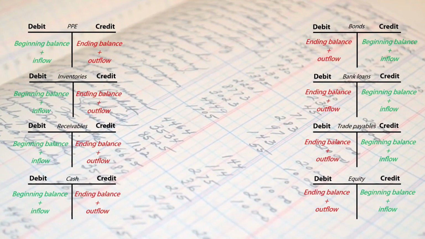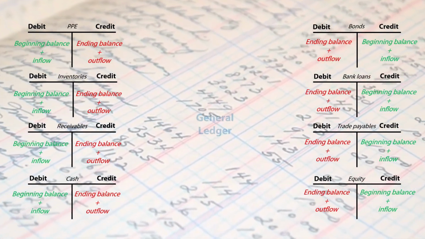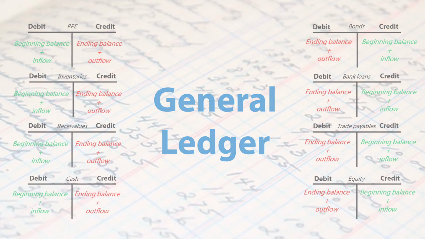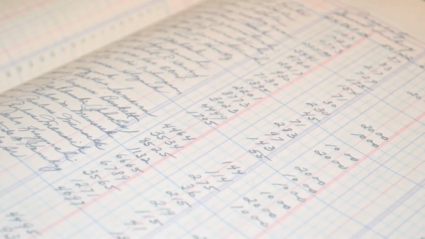The collection of all these T accounts in a company is known as a general ledger. The general ledger is the core of any accounting system which holds the financial data of an organization. In addition to the general ledger, the accountant records every business transaction in what we call a journal ledger.